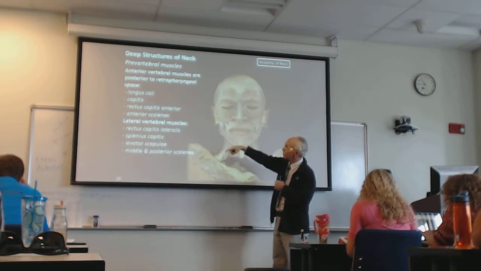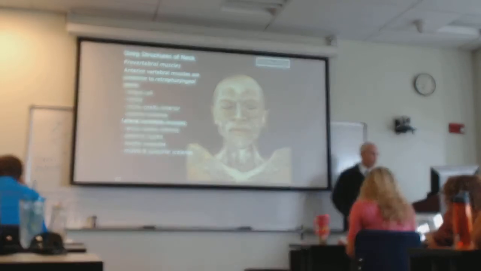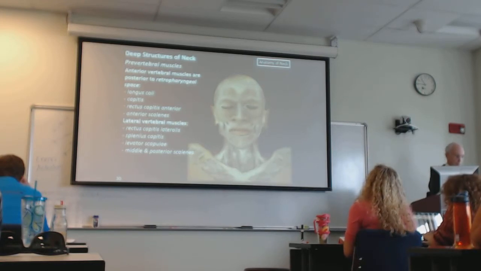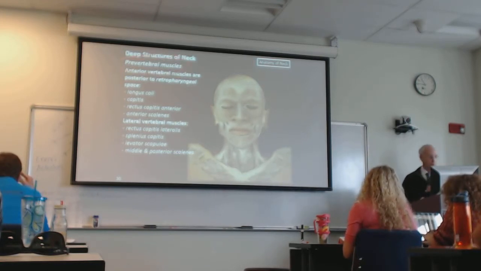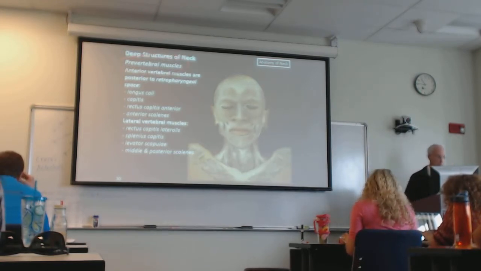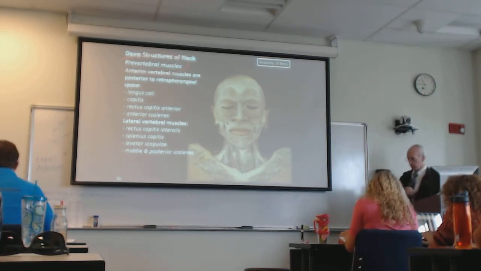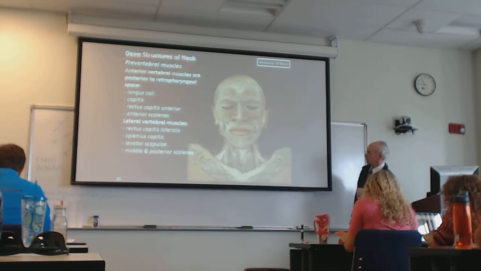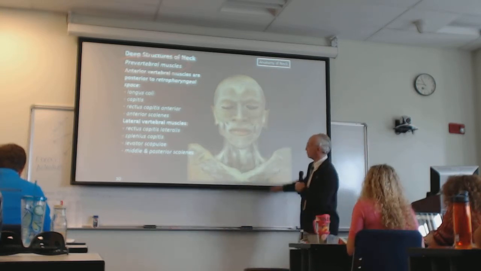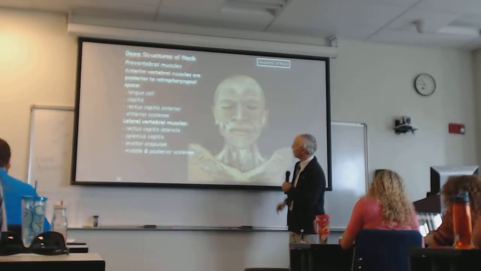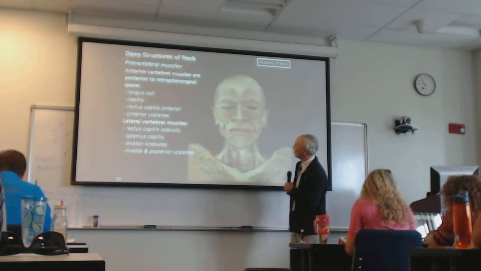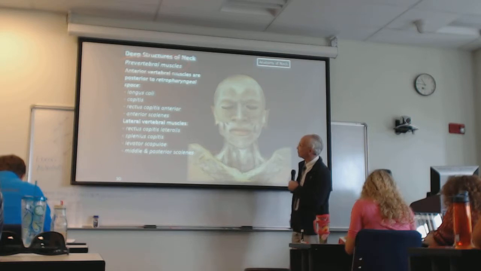There's a layer called the prevertebral layer, and this is not clearly emphasized, but all I want you to remember is that it is the anatomical layer between the visceral neck and all those muscles in the posterior neck that are positioning the head.